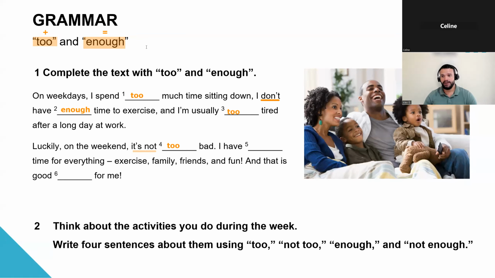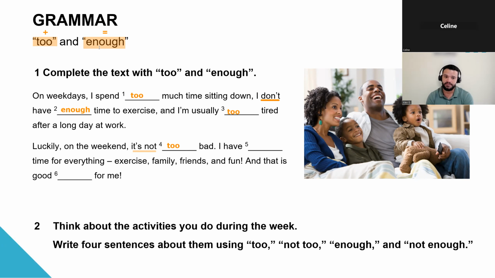When we use enough, on the other hand, it is going to be perfect, right? Enough is perfect. So in this case, the expressions, I don't have enough time, I don't have enough work, sería suficiente, right? So you can say, I don't have enough money, no tengo suficiente dinero.